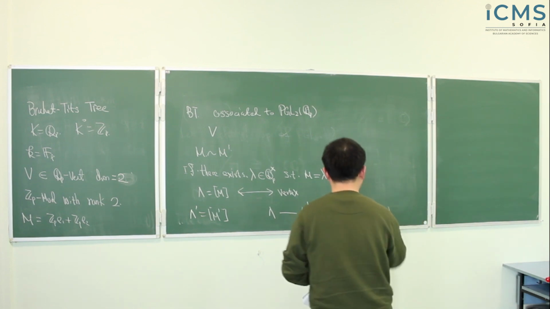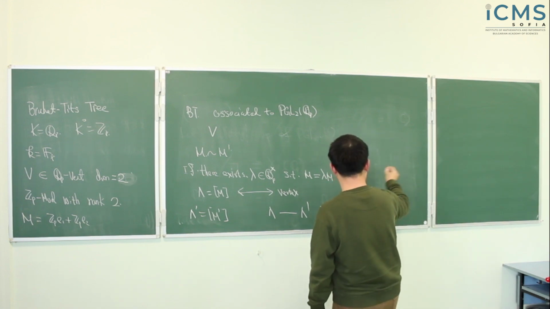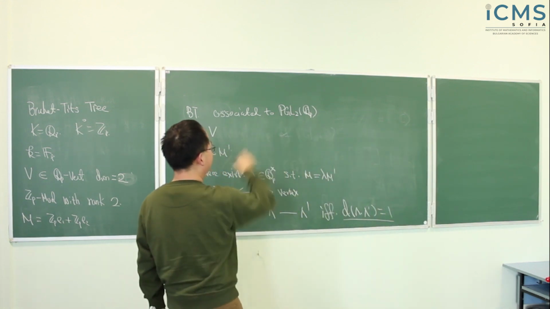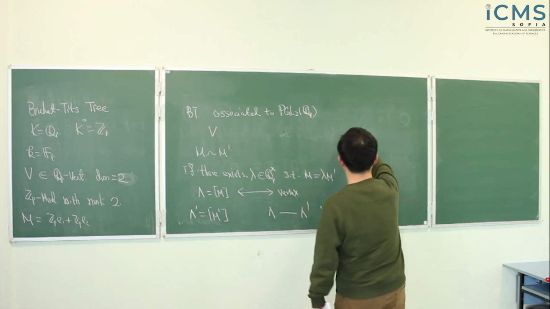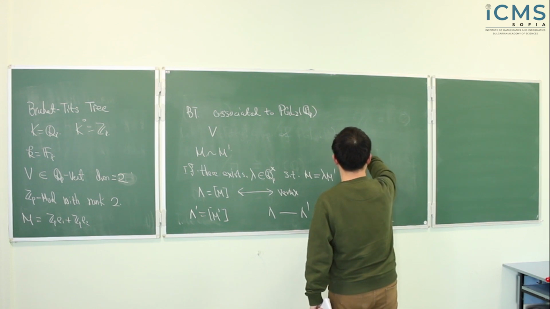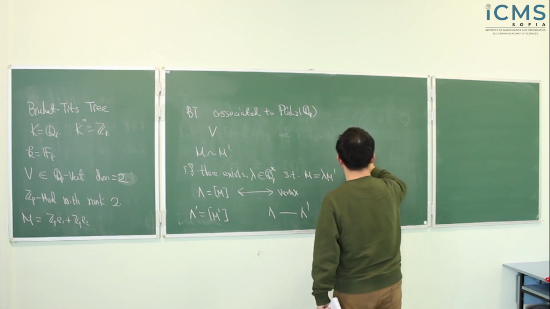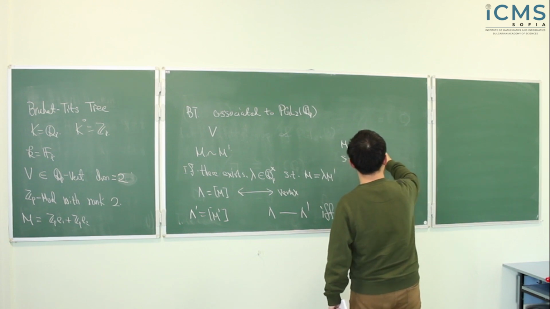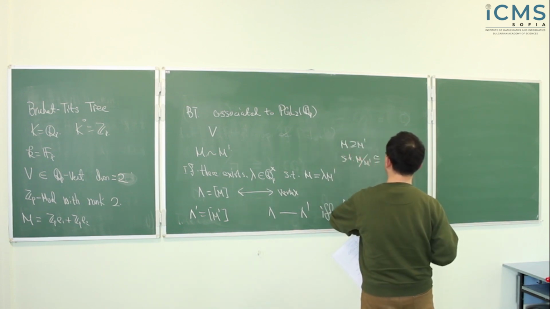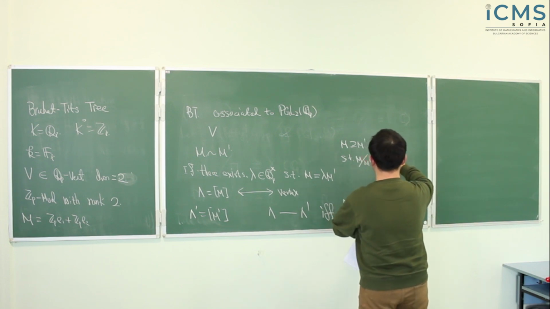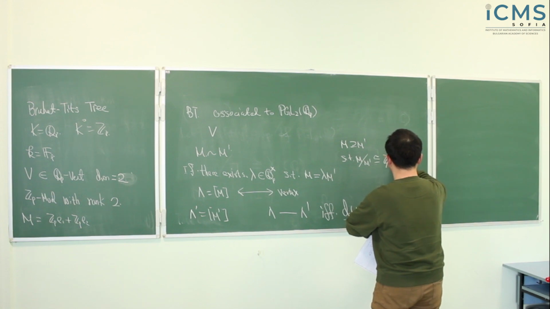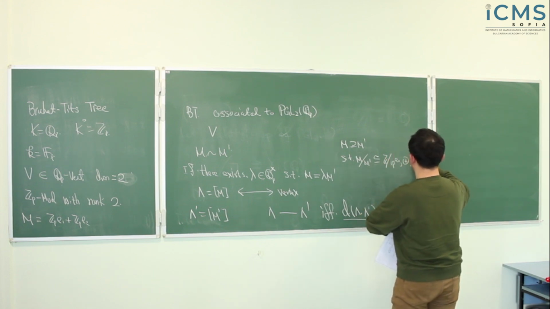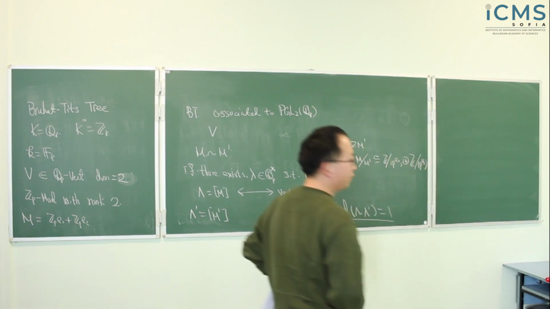Let me explain what this means. For any two Z_p lattices inside the vector space of Q_p with dimension 2, you can always assume that M is contained in M prime, such that M modulo M prime, by the basic structure theory of a module over a PID, is Z_p modulo p to some power e_1 plus Z_p modulo p to the power e_2.